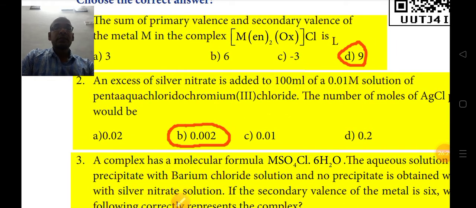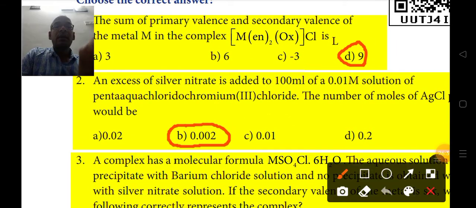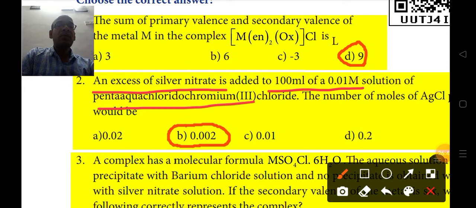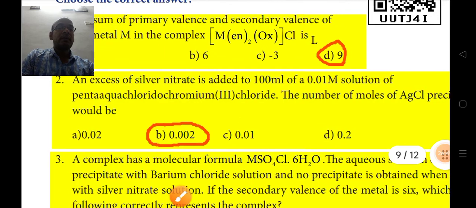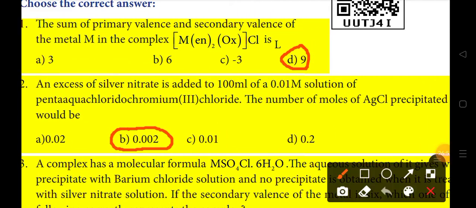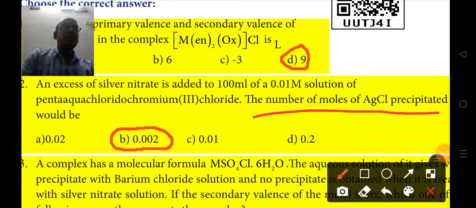Second question: an excess of silver nitrate is added to 100 ml of 0.01 M solution of pentaaquachloridochromium(III) chloride. The number of moles of AgCl precipitated would be?